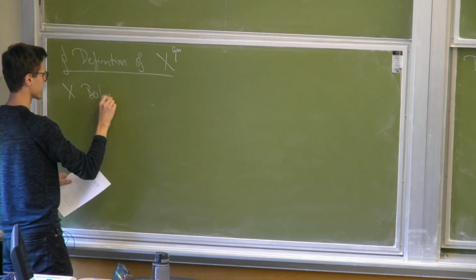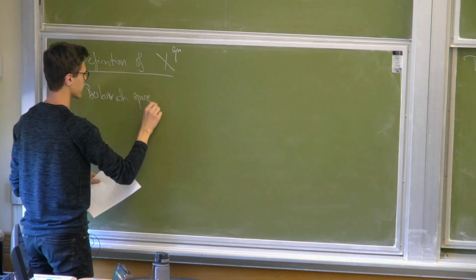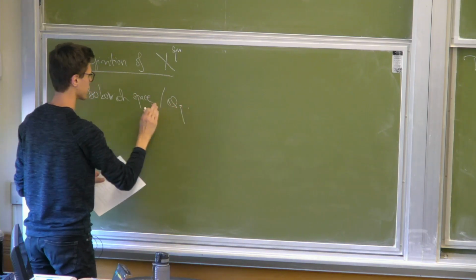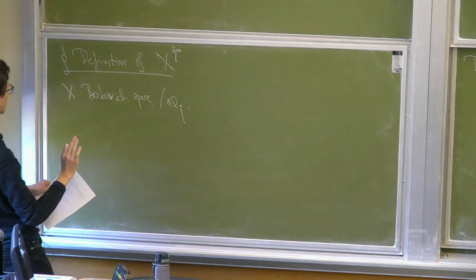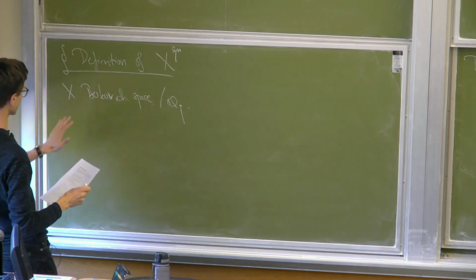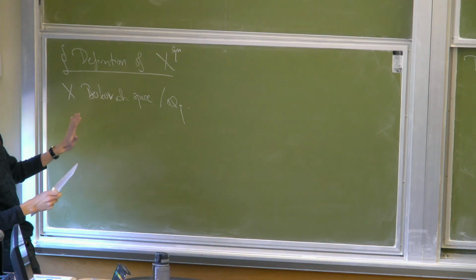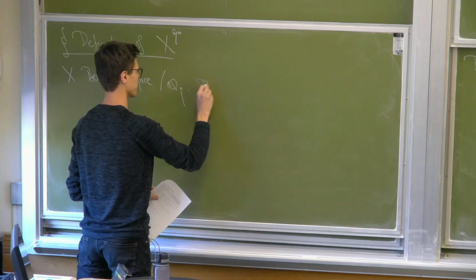Throughout I want that X is a Berkovich space over Q_p. And let me remind you, at least briefly, what the basic format of the definition in the Bhatt-Lurie setting is for p-adic formal schemes. And this will also be what happens here.